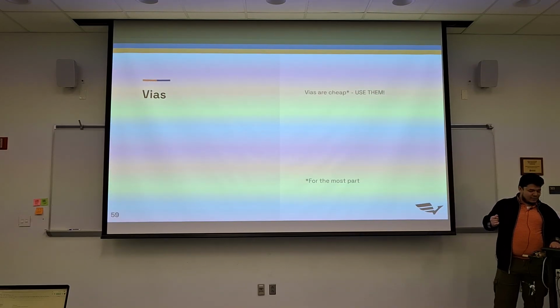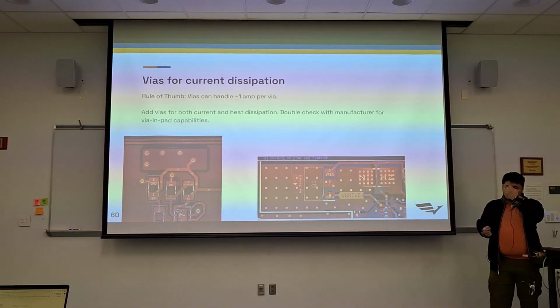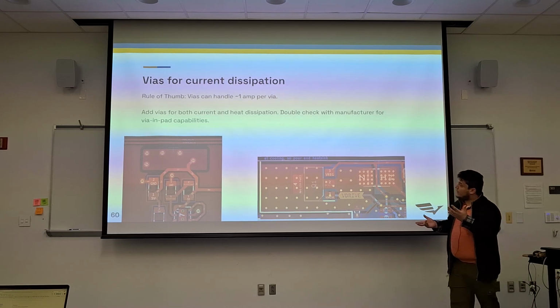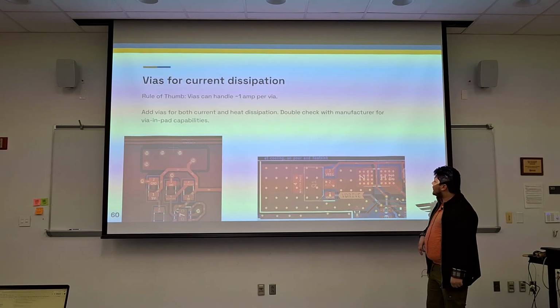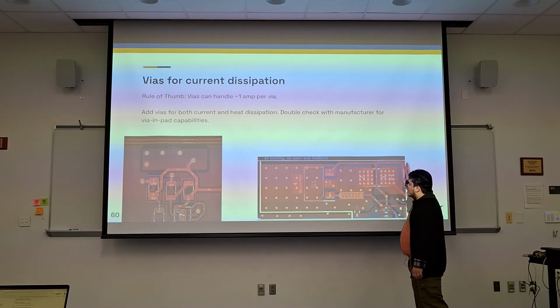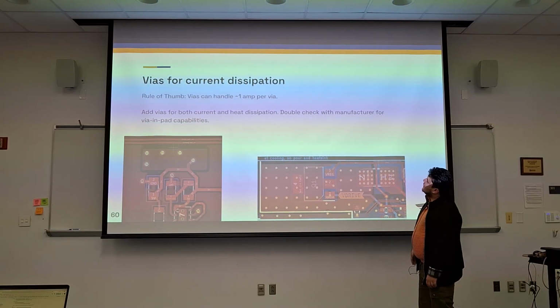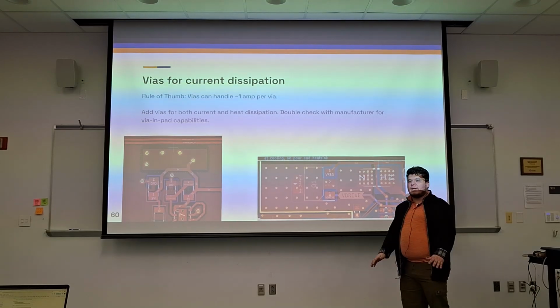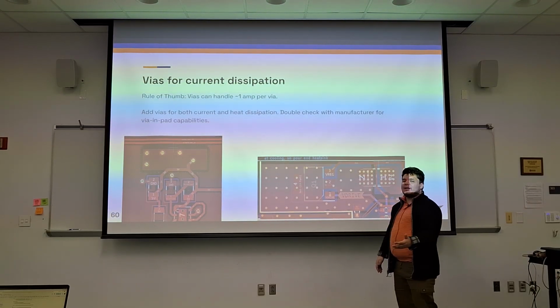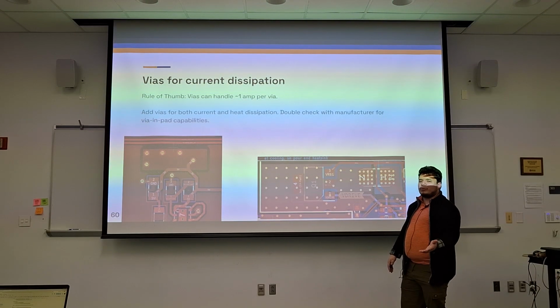We've already gone through some examples on why we wouldn't. But where you would see vias for current dissipation, we go back to this nice example where this is carrying a lot of current, driving away a lot of heat. Rule of thumb, one via can handle about an amp. Really it's closer to like 1.5 amps. So these vias are pretty darn good.